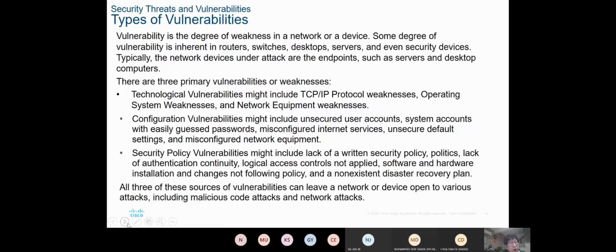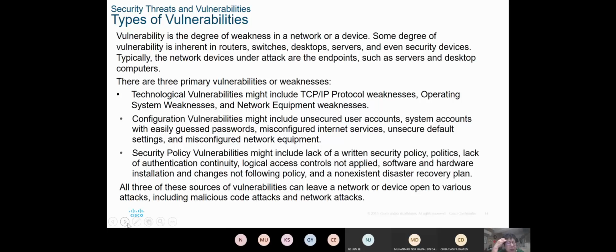The way you configure it, you didn't protect some of these ports, or you simply used the same password as the factory, the Cisco factory. You didn't change the password, or you left some ports or services unsecured and unprotected. These are considered configuration vulnerabilities.